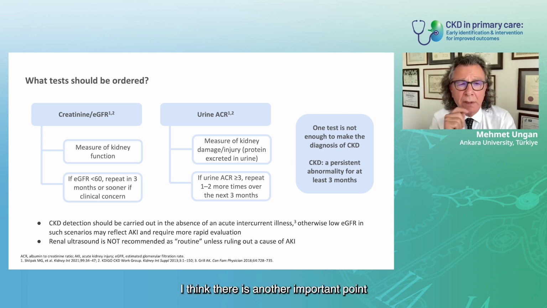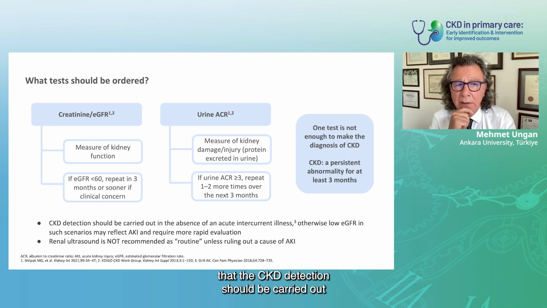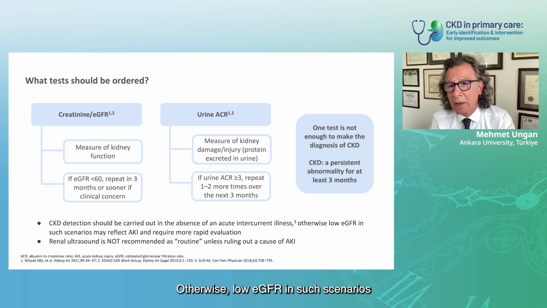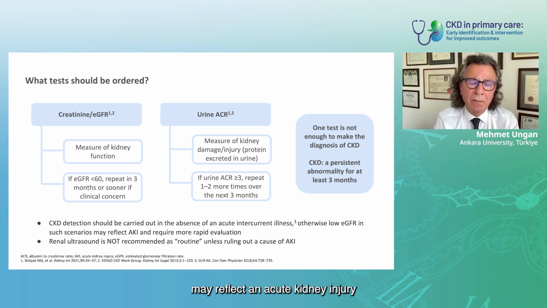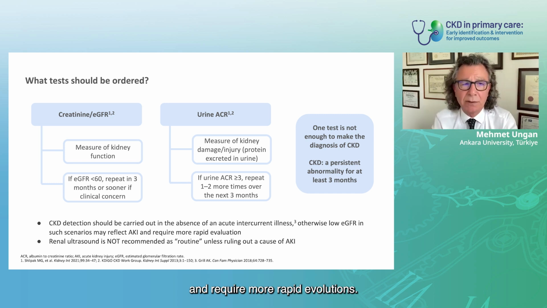I think there is another important point: CKD detection should be carried out in the absence of an acute intercurrent illness. Otherwise, low eGFR in such scenarios may reflect acute kidney injury and require more rapid evaluation.